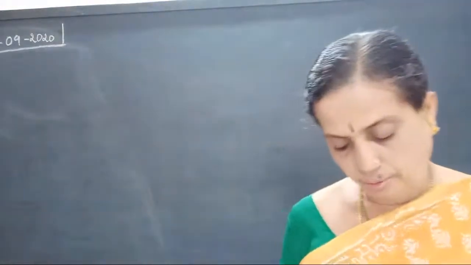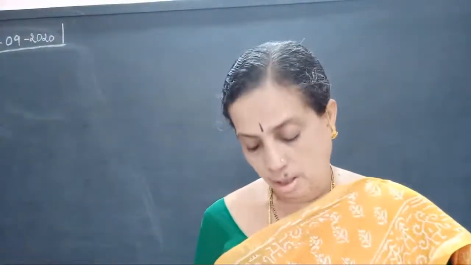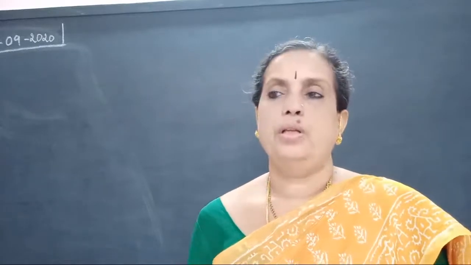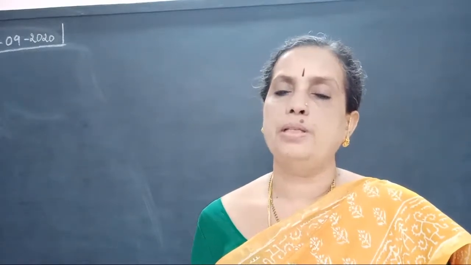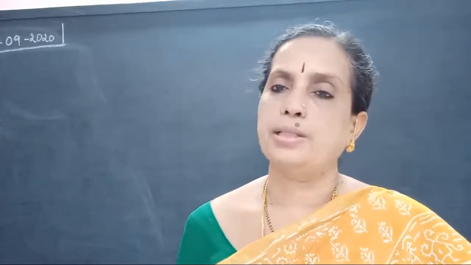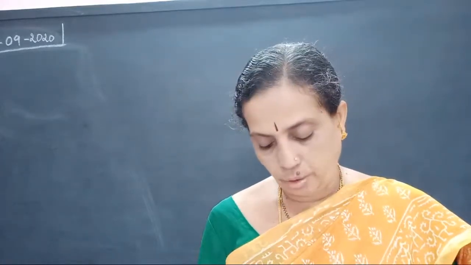Here the sides of a triangle are mentioned and we have to find the smallest altitude. Smallest altitude means the altitude drawn from the vertex to the longest side. That concept you have to consider. I'll read the question.